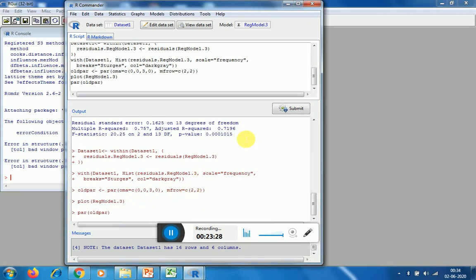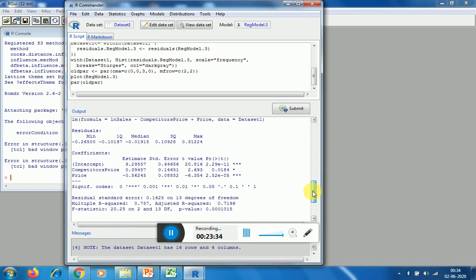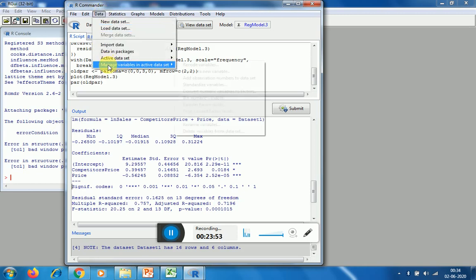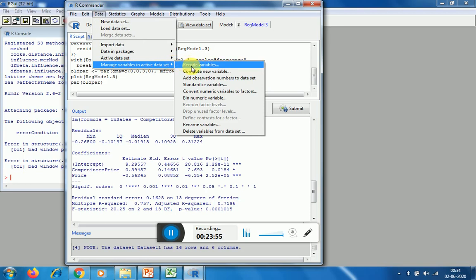So this is the model which we have formulated. Now we can even go with testing for the logarithm of advertisement. Even if you take the logarithmic value of the advertisement, you may still get a similar type of result.